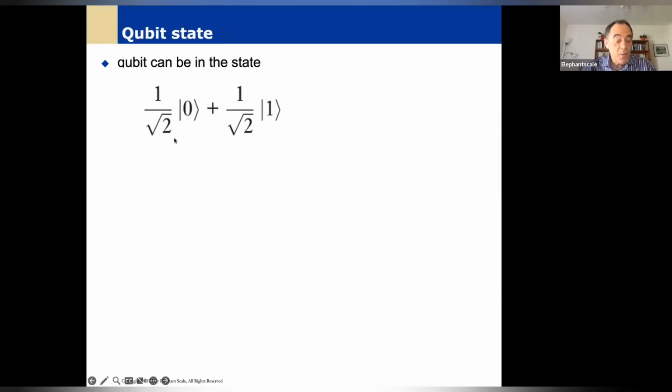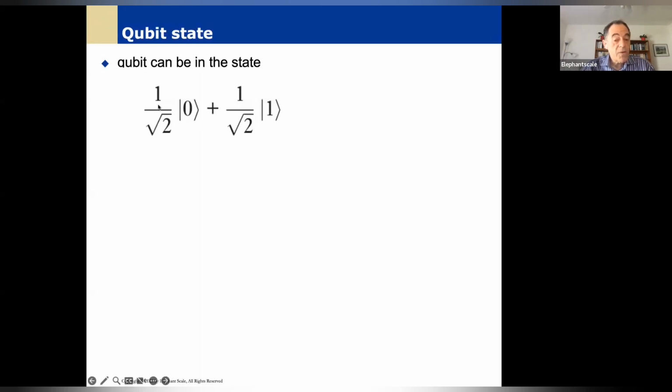If you take this, we remember that to get to the real probability, you need to square that. And if you square 1 over the square root of 2, you get exactly 1/2. If you square 1 over square root of 2 here, you get also 1/2, and therefore it's 1/2 and 1/2. In other words, this is a qubit in the state that it's maybe 50% when you measure it.